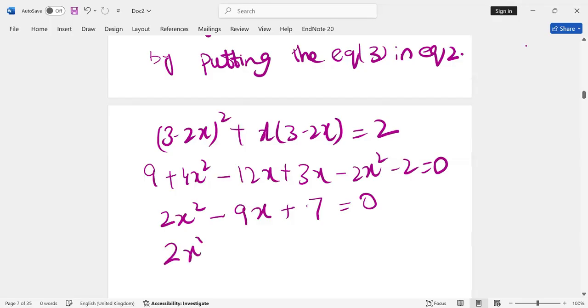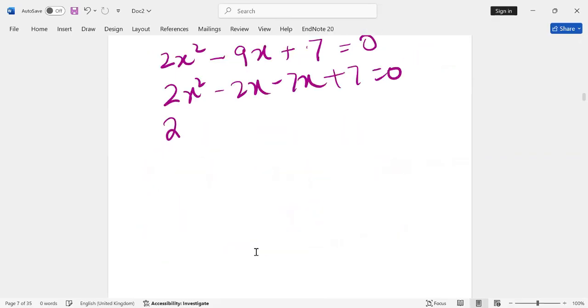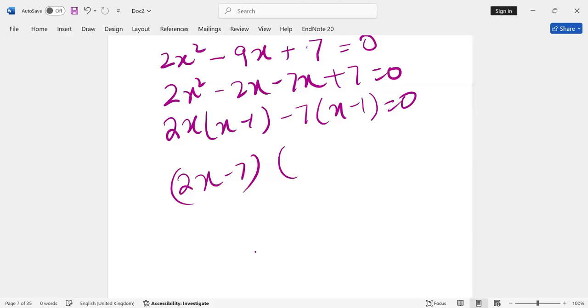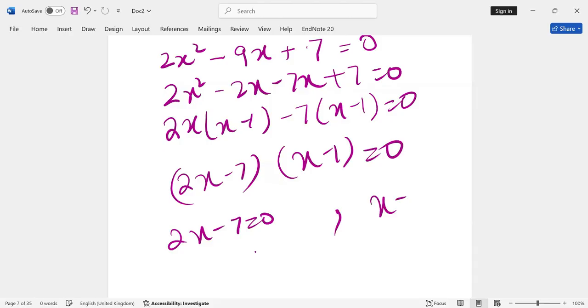We have 2x squared minus 2x minus 7x plus 7 equals 0. Taking 2x common, we have x minus 1, and from the rest we take minus 7 common, and we get x minus 1 equals 0. So we have 2x minus 7 times x minus 1 equals 0, so 2x minus 7 equals 0 and x minus 1 equals 0.